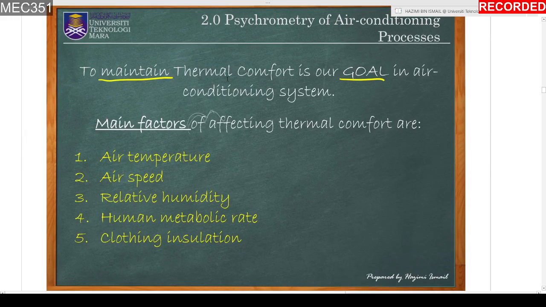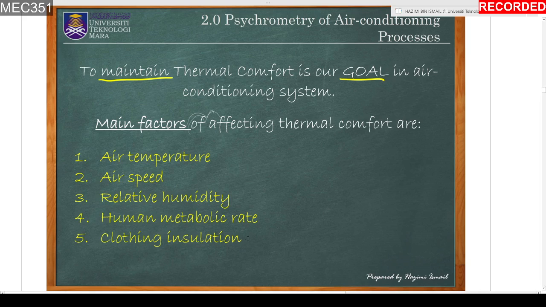To maintain thermal comfort is our goal in an air conditioning system. The main factors affecting thermal comfort are: the first one is air temperature, the second is air speed, third is relative humidity, fourth is human metabolic rate, and finally clothing insulation, pakaian kita.